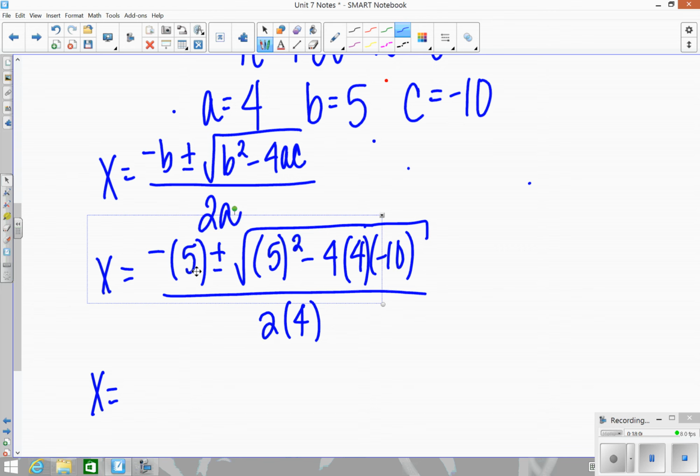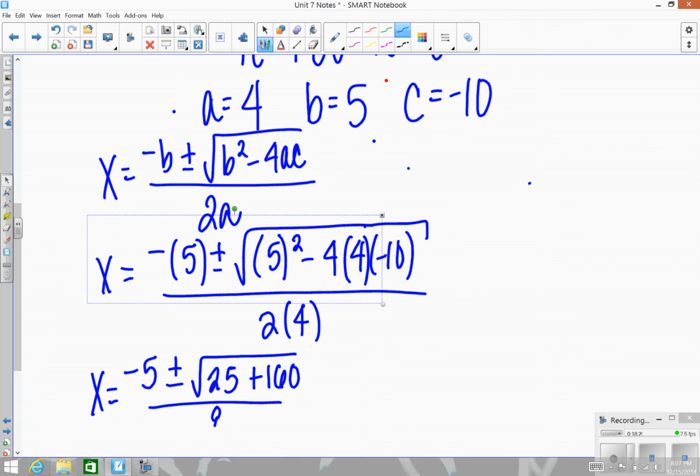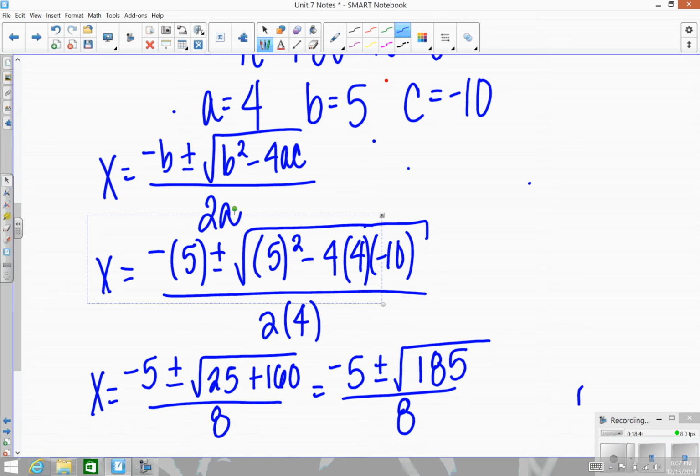So negative times 5 is negative 5, and then we have plus or minus the square root of 5 squared, which is 25, minus 4 times 4 times negative 10. So 4 times 4 gives me 16, times negative 10 will be negative 160, but we have a negative times a negative, so it becomes positive. So it's going to be plus 160 all over 8. So we have negative 5 plus or minus the square root of 25 plus 160, which gives me 185, all over 8.